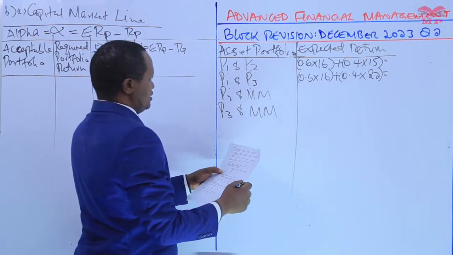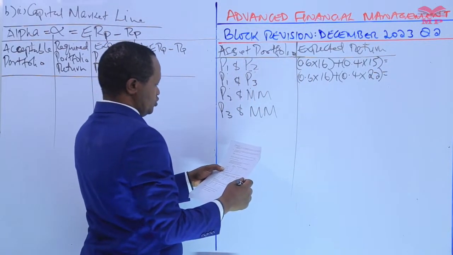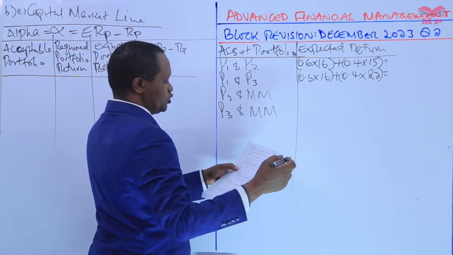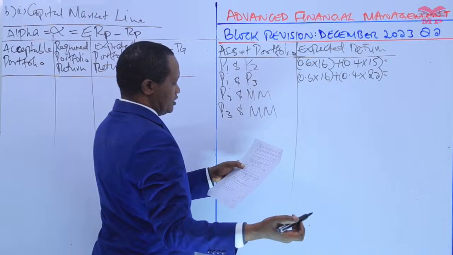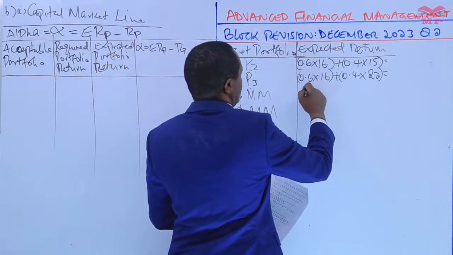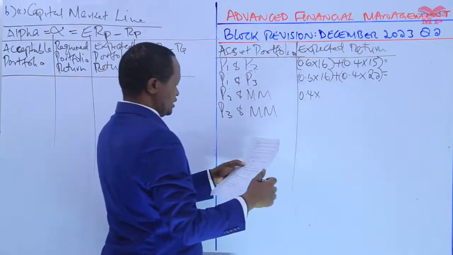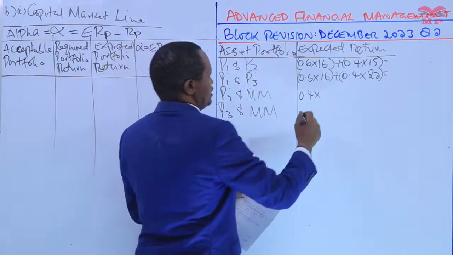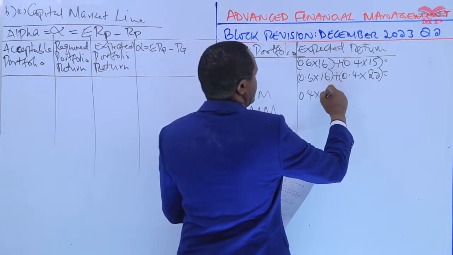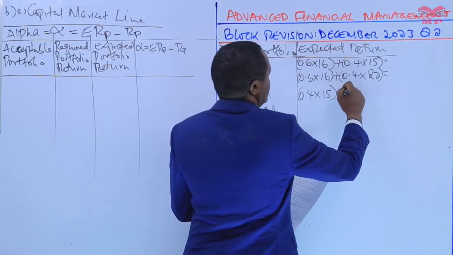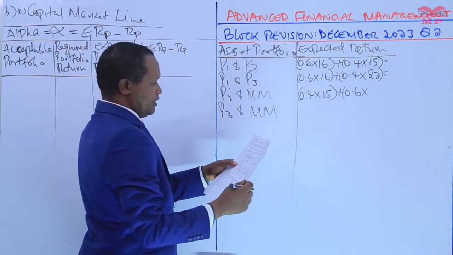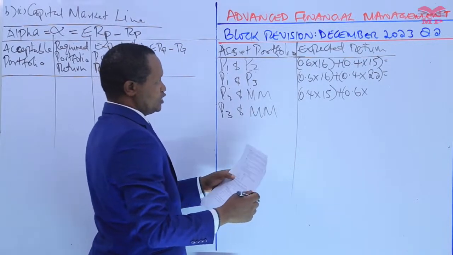Then P2, candidates: the weight will be 2 over 5, converted into a decimal, that will be 0.4, times P2's expected return of 15%, plus 0.6 times MM. The MM return down there is 12%.